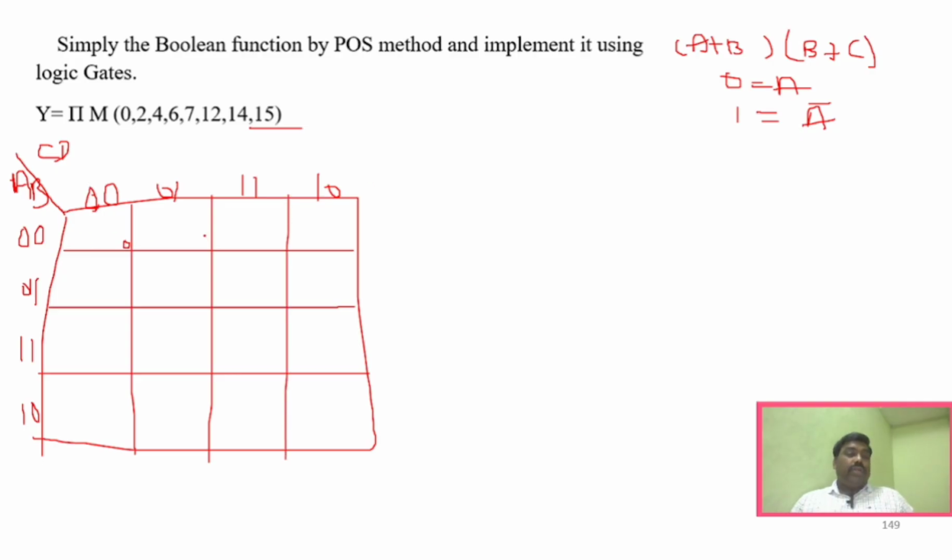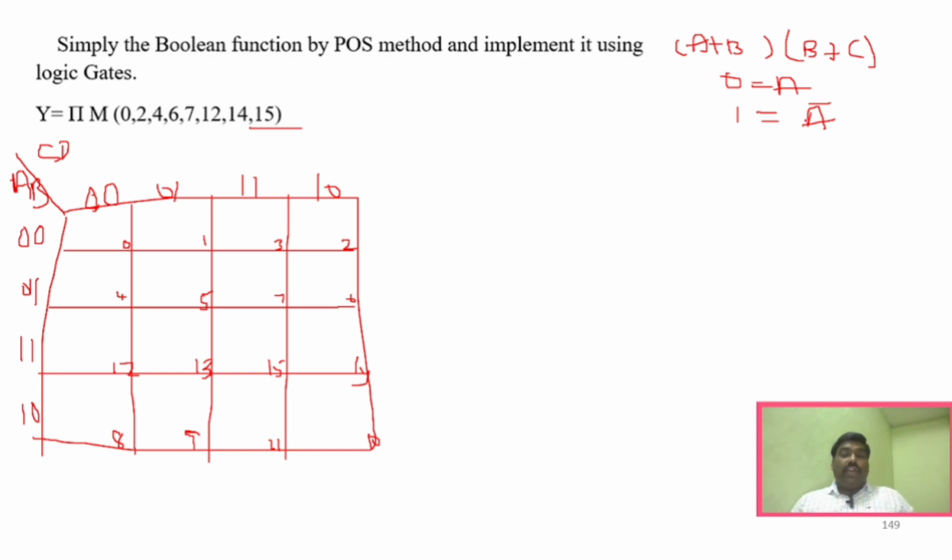This is 0, this is 1, this is 2, and this is 3, and this is 4, and this is 5, and this is 6, and this is 7, this is 8, and this is 9, and this is 10, this is 11, this is 12, and this is 13, and this is 14, and this is 15. Correct? Right?